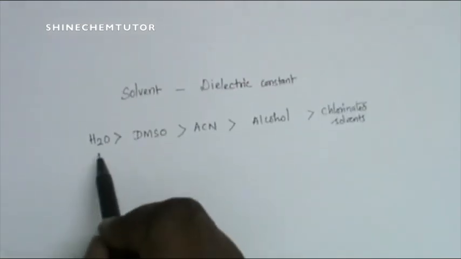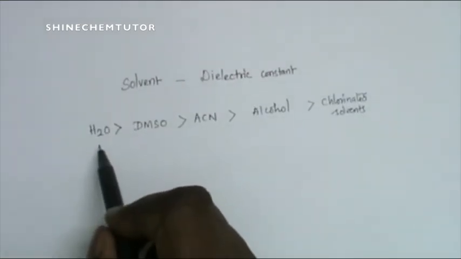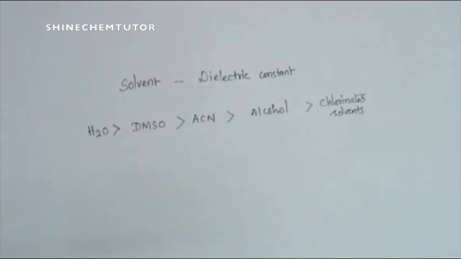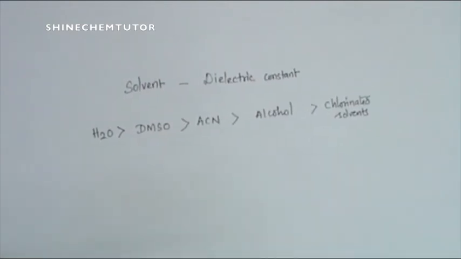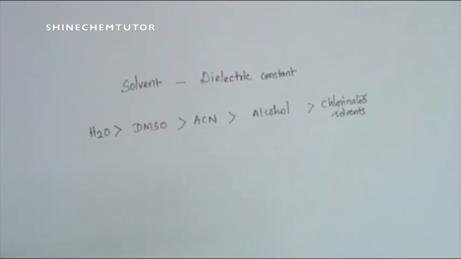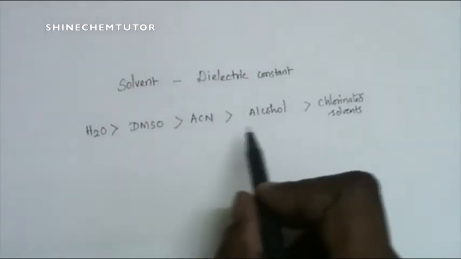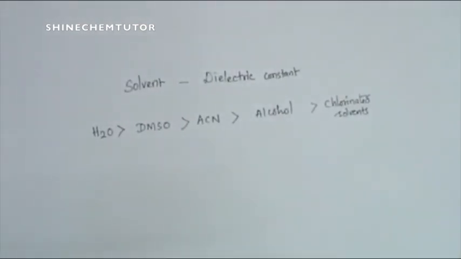When the dielectric constant is more, the acidity will be more. For example, take acetic acid and dissolve it in these solvents. The acidity will be more in water compared to acetonitrile, alcohol and other solvents.